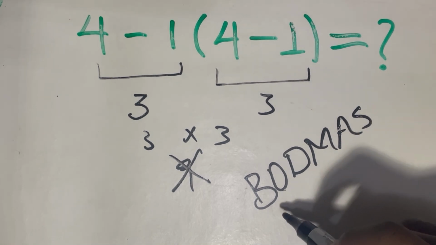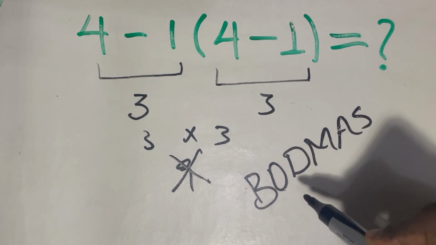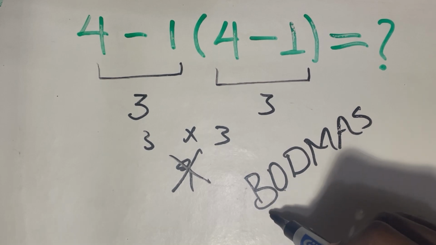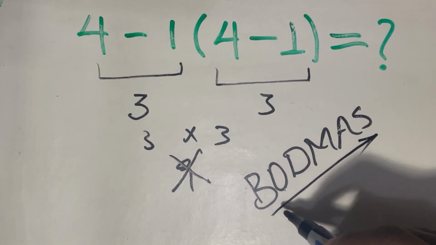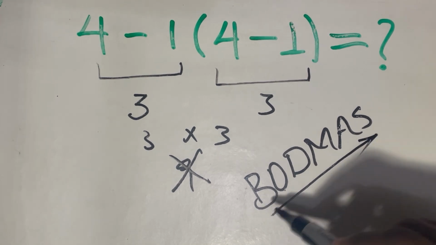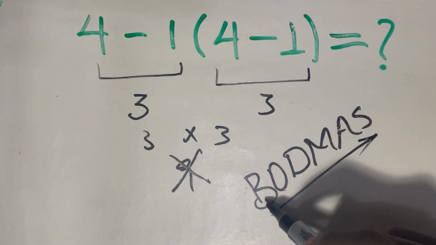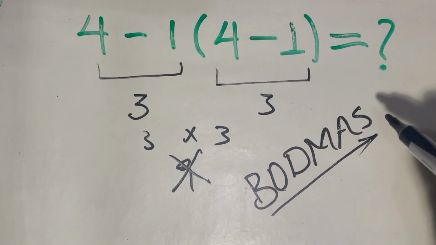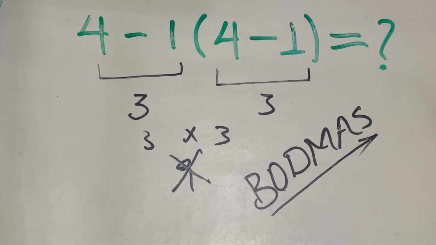So what this rule means is that we have to prioritize hierarchically. The highest priority is given to brackets and the lowest priority is given to the operation containing subtraction.